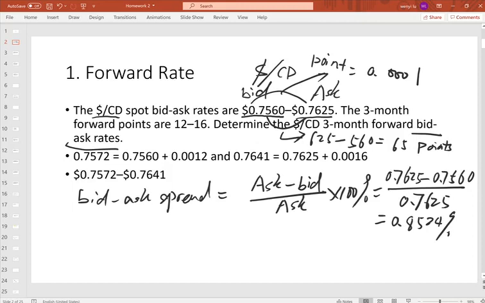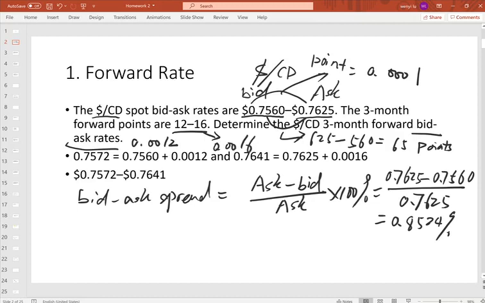In 3 months, the forward points are 12 to 16. Like I mentioned, the 12 actually is 0.0012, and for 16, similar, 0.0016.